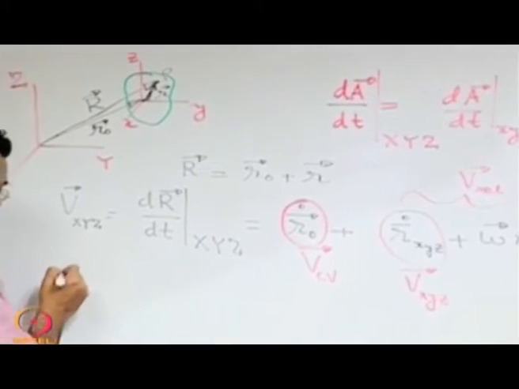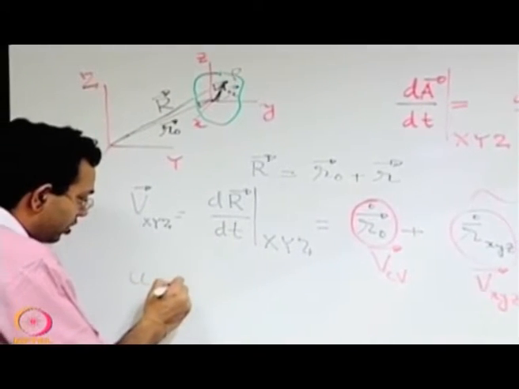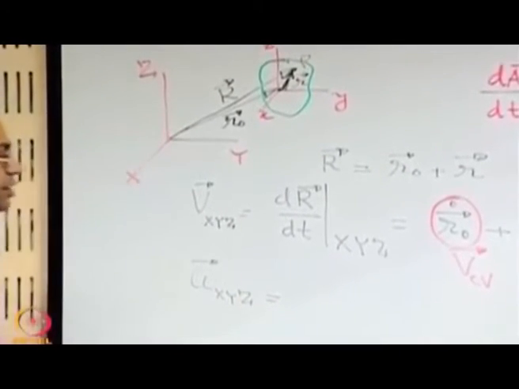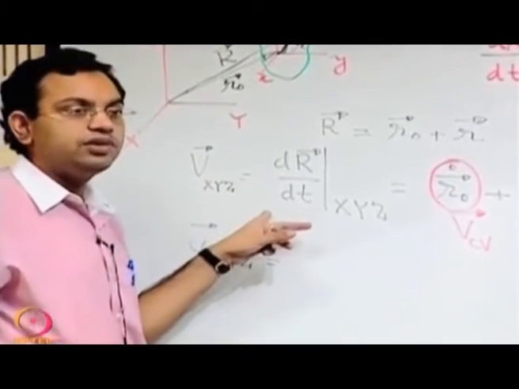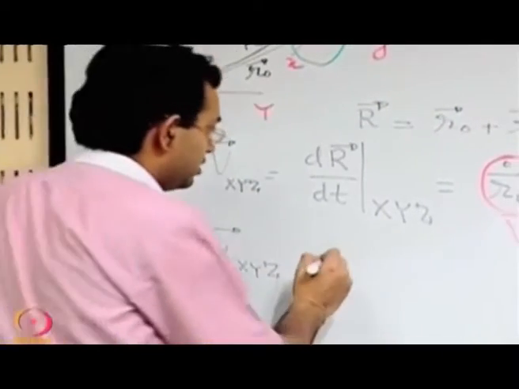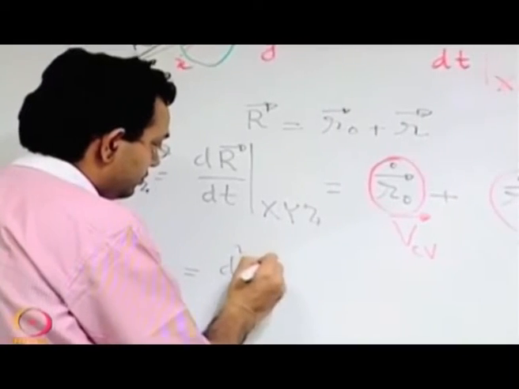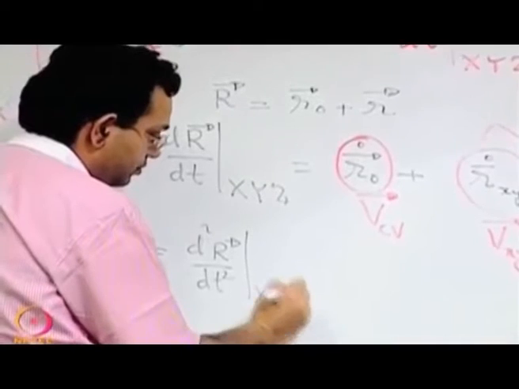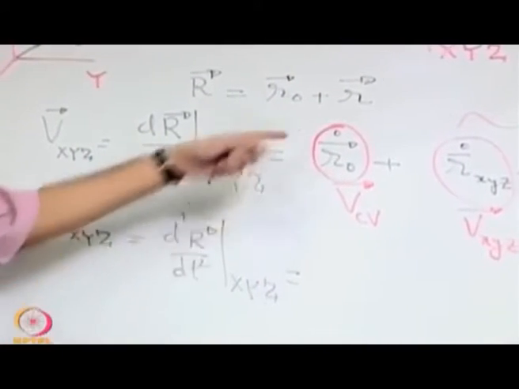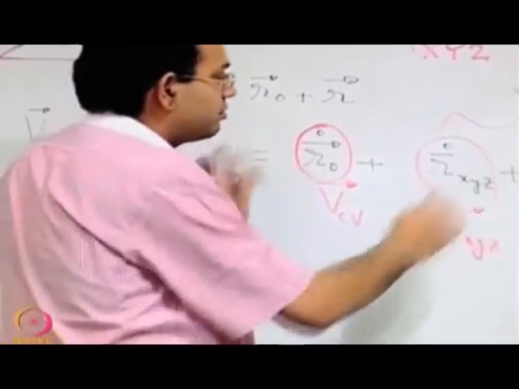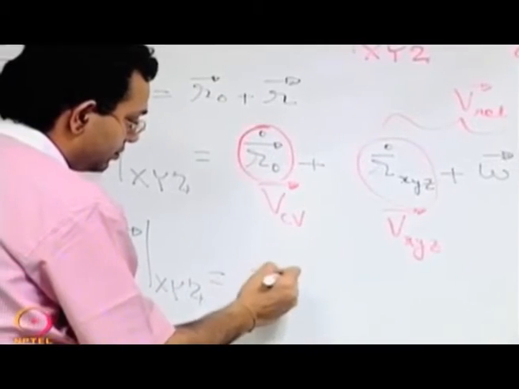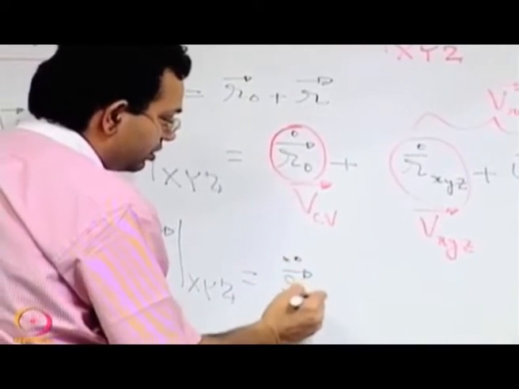So, acceleration with respect to small xyz, that means you have to differentiate this again with respect to time. So, let us identify the different terms and write the first term, it will become r naught double dot.